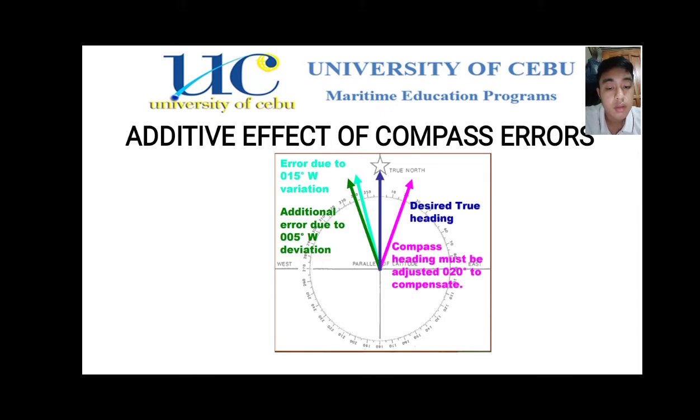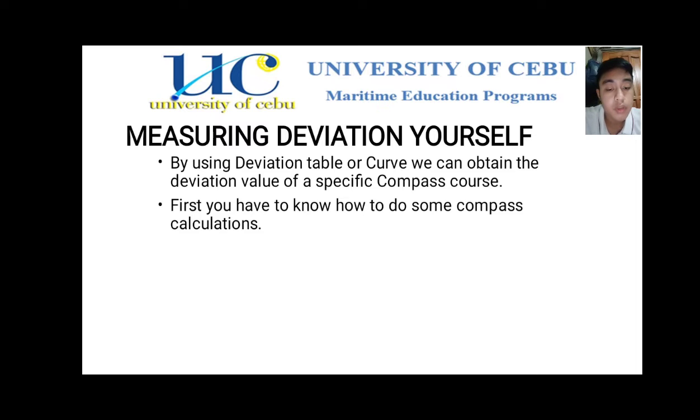And measure deviation yourself by using a deviation table or curve. We can obtain the deviation value of a specific compass course. So first you have to know how to do some compass calculation.